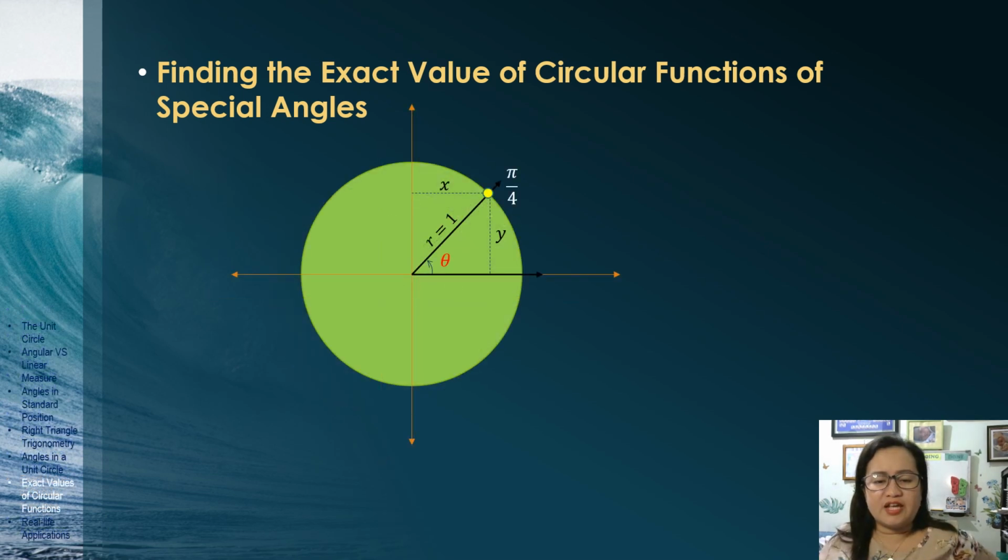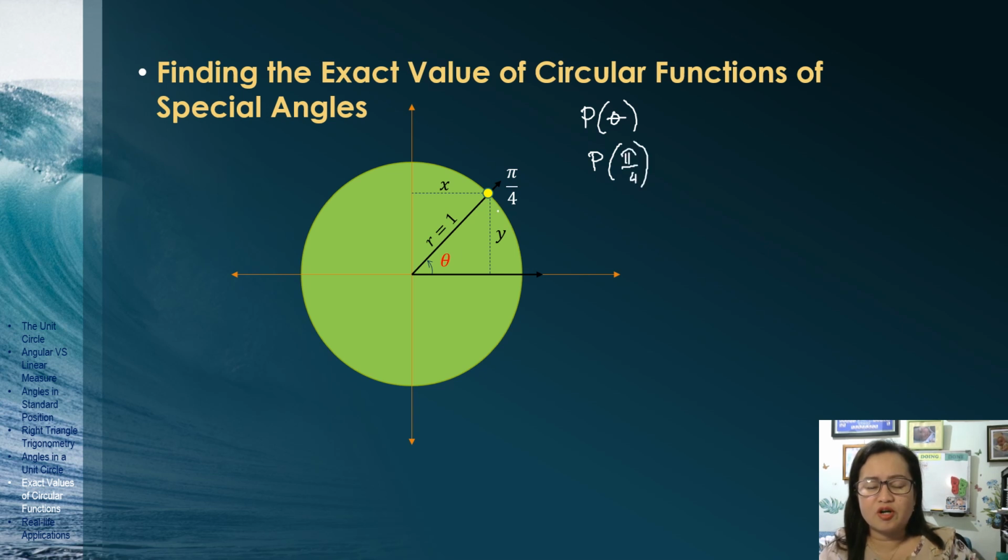Okay, now let's say that theta, P of theta, is pi over 4. So that means we will have P of pi over 4. Let's find the trigonometric point equivalent to pi over 4.